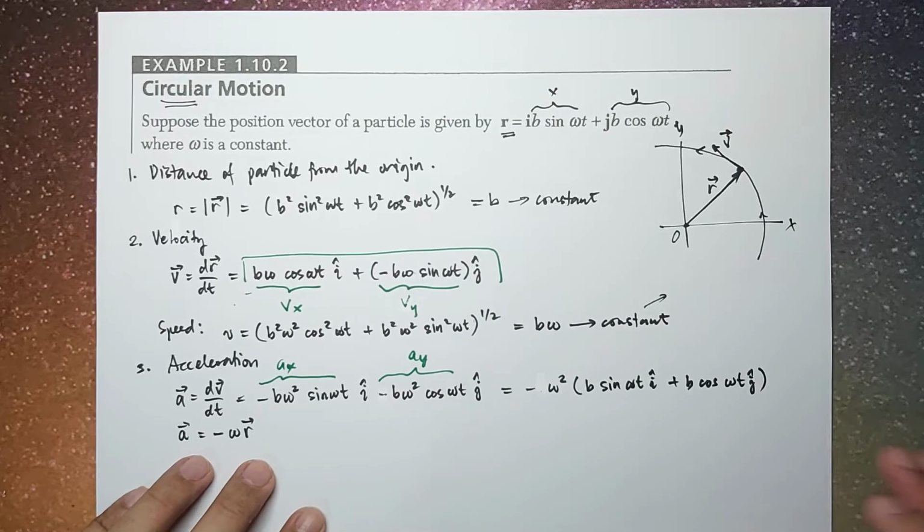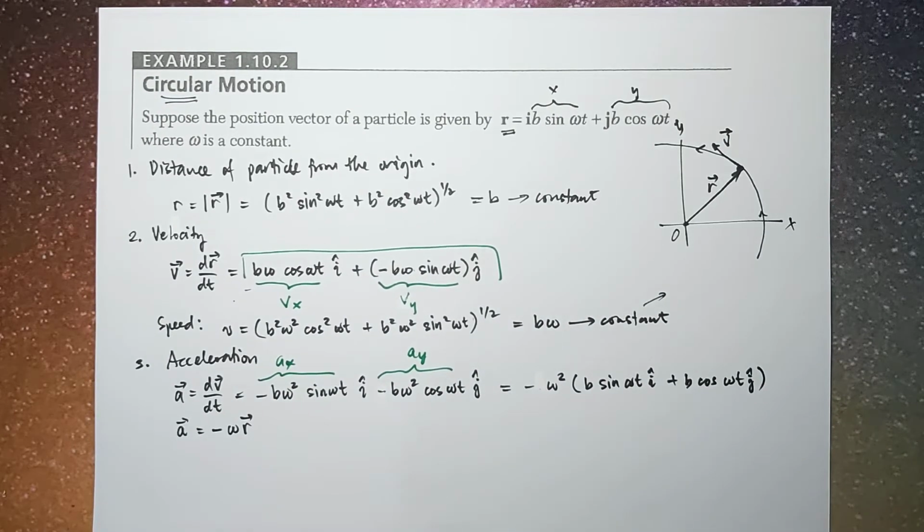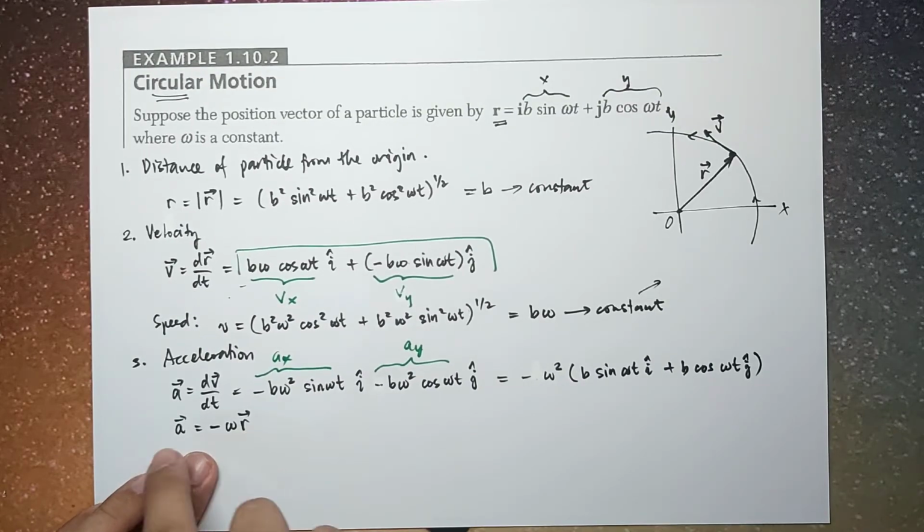From our previous discussion about multiplication of vectors with scalars, you will notice that the direction of your acceleration is always opposite the direction of your position.